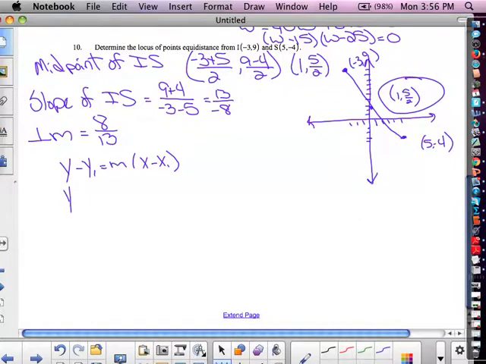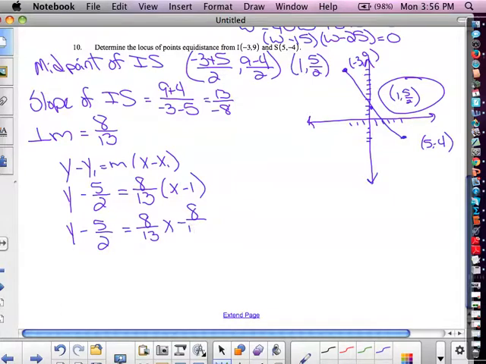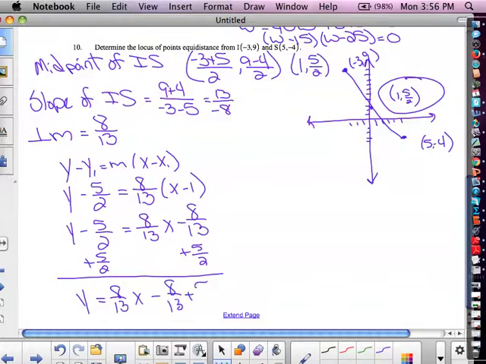So I have y minus 5/2 is equal to 8/13 x minus 1. So that gives me y minus 5/2 is equal to 8/13 x minus 8/13. And I'm going to add 5/2 to both sides. So that's going to give me y is equal to 8/13 x minus 8/13 plus 5/2.